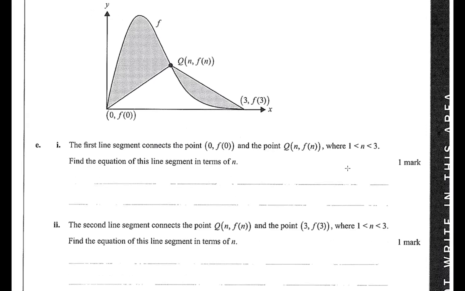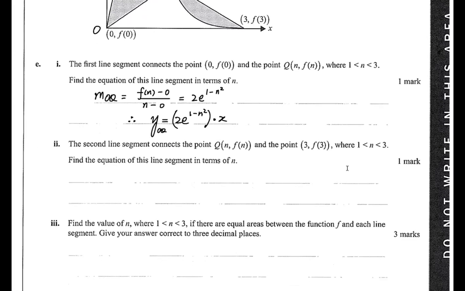So the gradient of OQ is (f of n minus 0) divided by (n minus 0), which is 2e to the power of (1 - n squared). Therefore, y OQ is 2e^(1 - n squared) times x plus nothing, okay? Straight line through the origin.